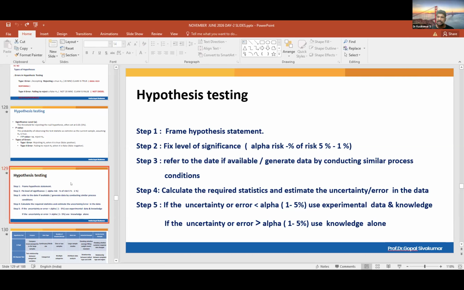Are you sure that the laboratory report will have 100% accuracy? No, sir. There will be error due to random variation, but it must be within acceptable limit, right? Then that error is agreed.